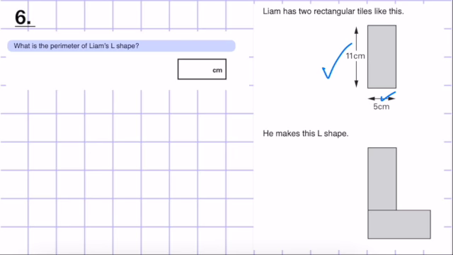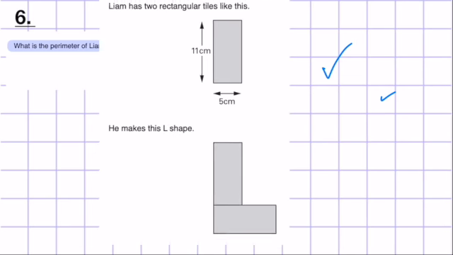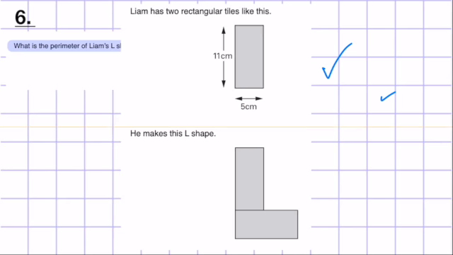Liam makes this L shape, so let's get this in the middle. Liam makes this L shape. We need to work out the perimeter of his shape. So you know that the long side is 11 and the short side is 5. Pause the video while you work it out, and then we'll go through it together.